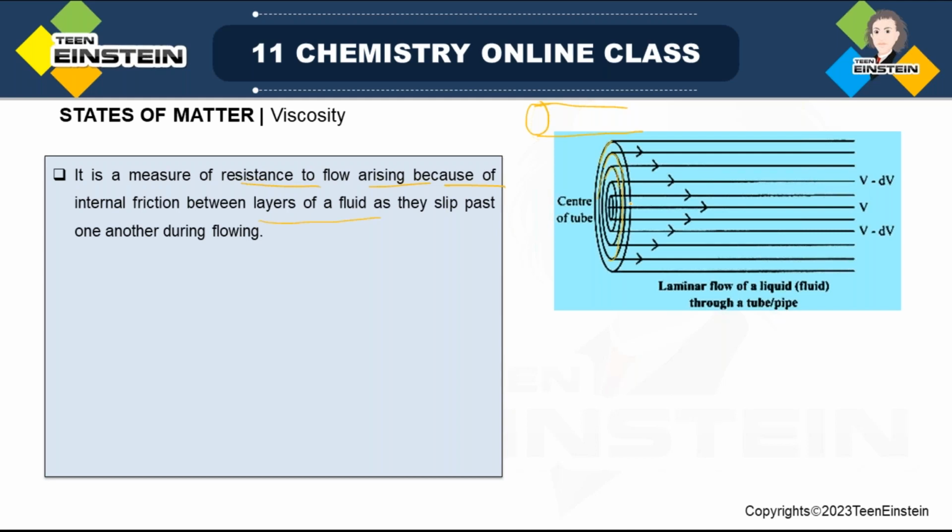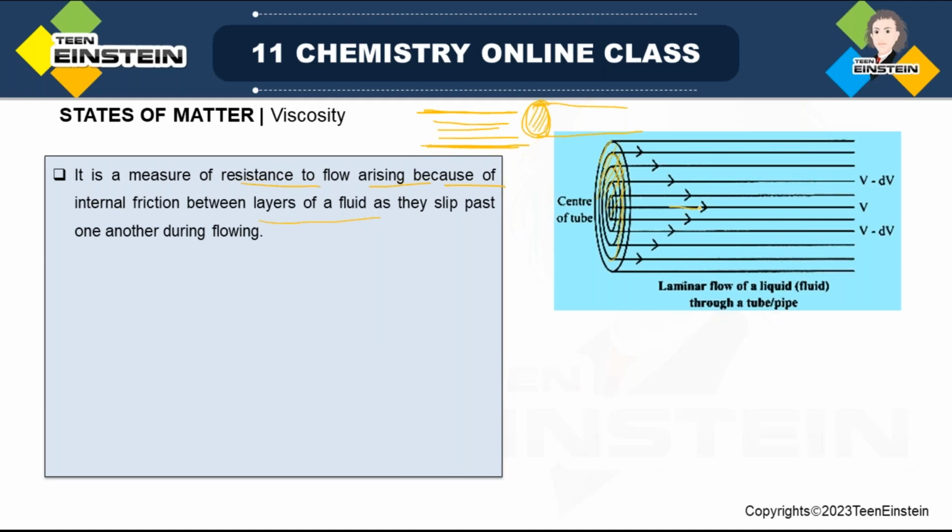In 3 dimensions, if you cut the tube, there will be an area. But if you consider it 2-dimensionally, this is one wall of the tube, and this is the lower wall. So these are the different layers of the liquid.